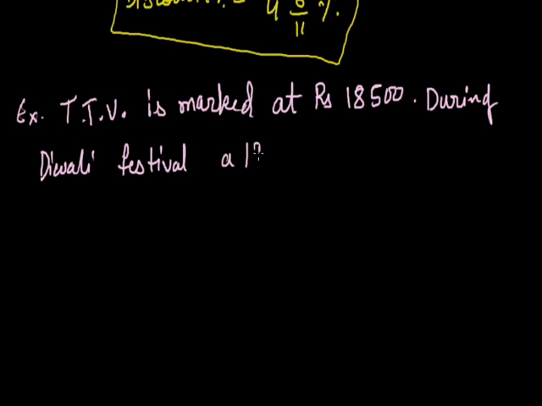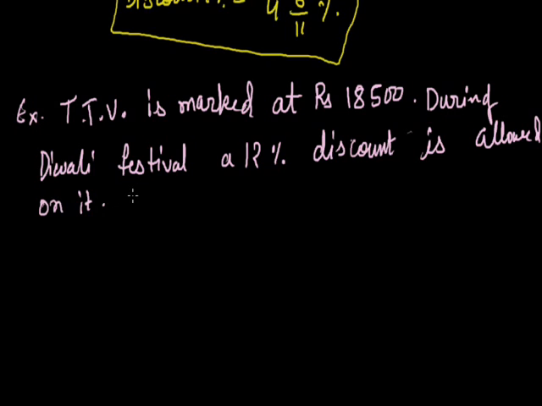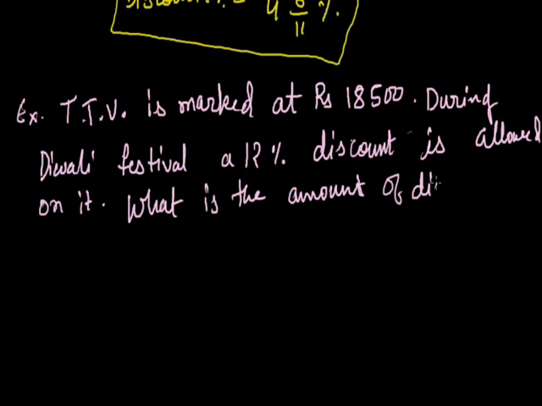A 12% discount is allowed on it. Now we have to calculate what is the amount of discount and its selling price.